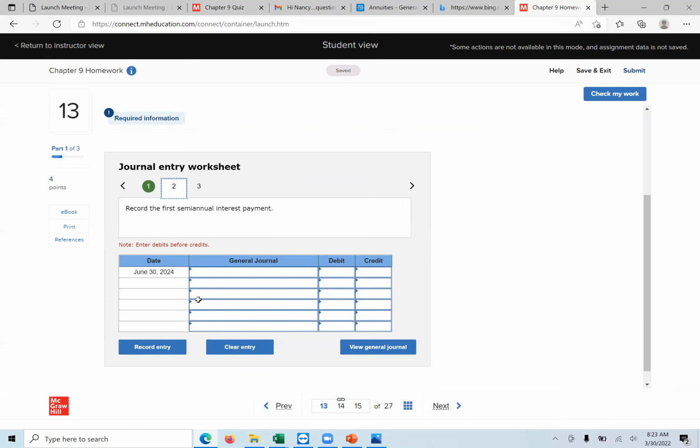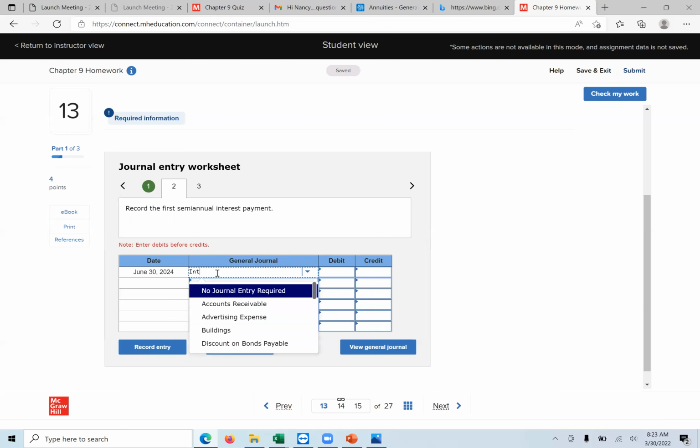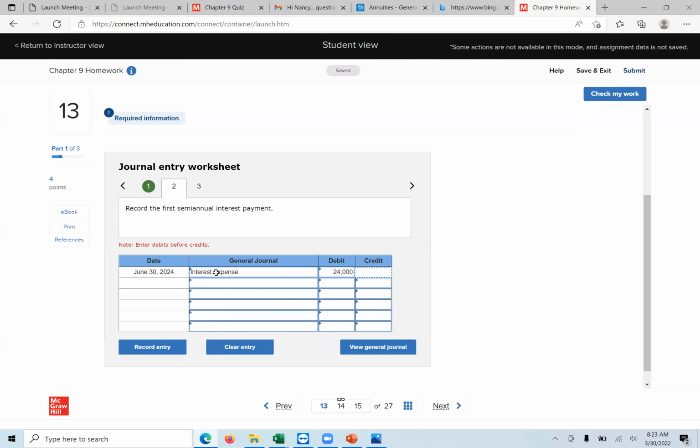Then, when a bond is issued at the face amount, we don't have a premium or a discount. So the entire payment goes for interest. We will show that interest expense, 24,000, cash, 24,000.